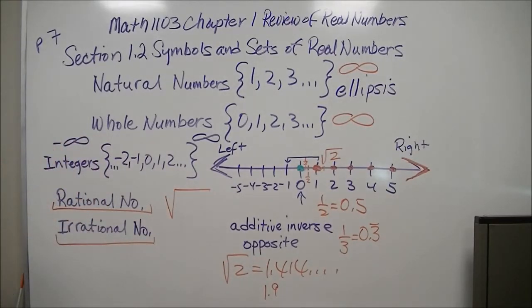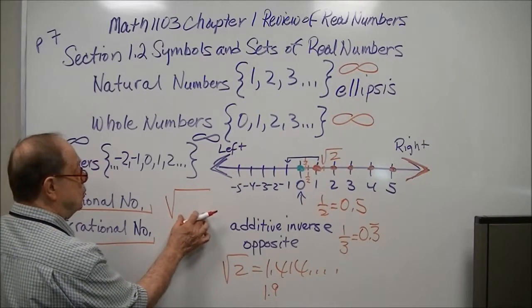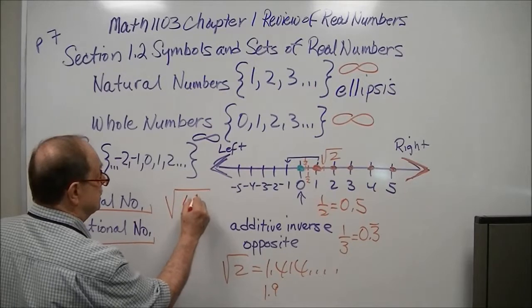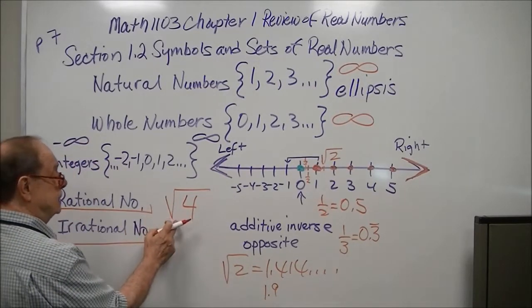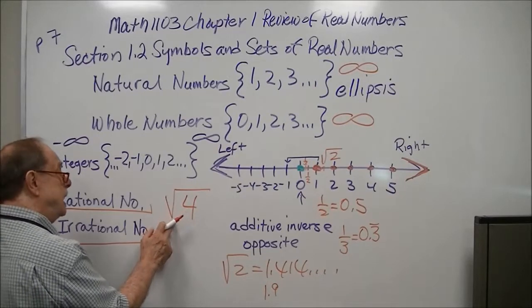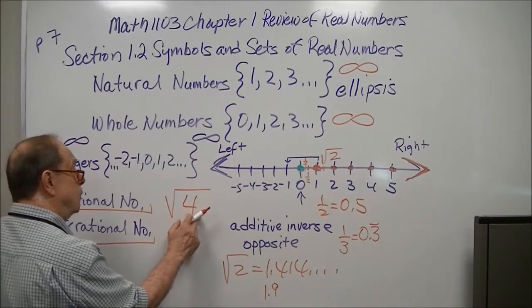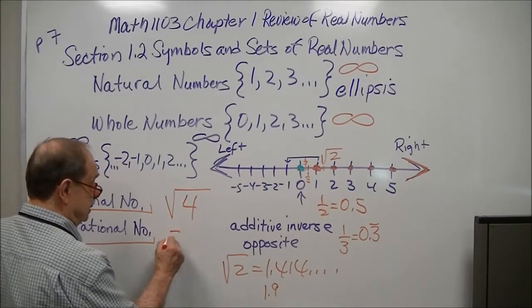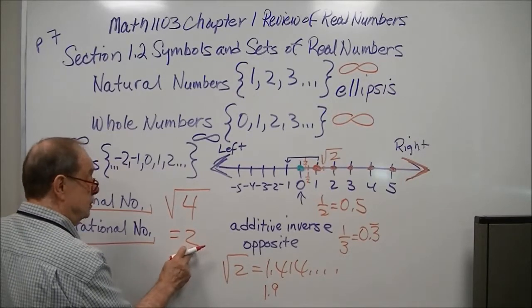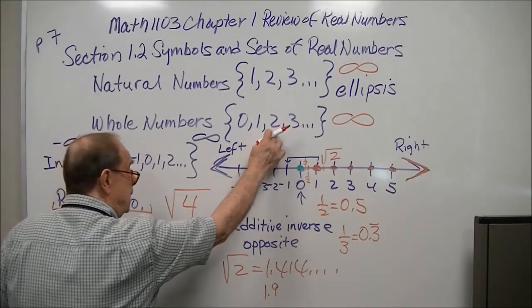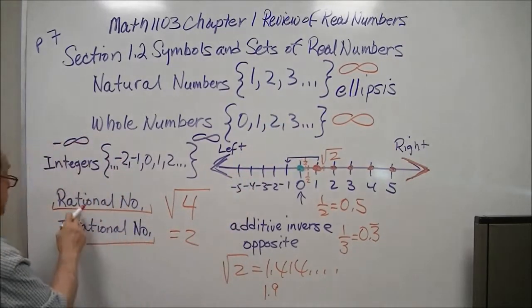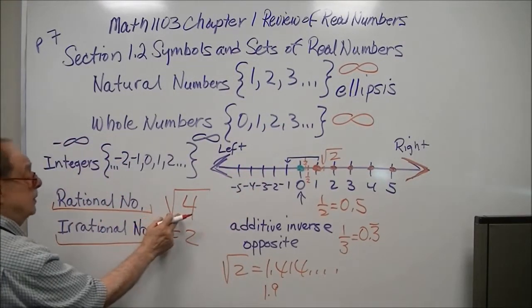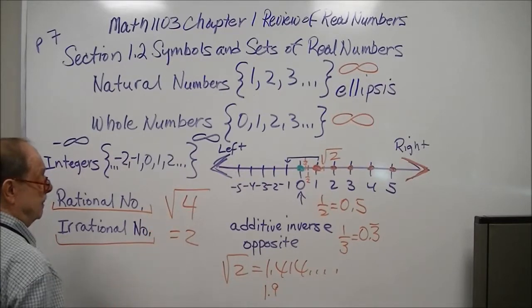Now there are some exceptions. For instance, if you have a perfect square under the radical sign like 4, the radical is telling you this is an operation. Take the square root of 4, which is 2. 2 is a natural number, a whole number, an integer, and it's rational, even though it's under the radical sign.